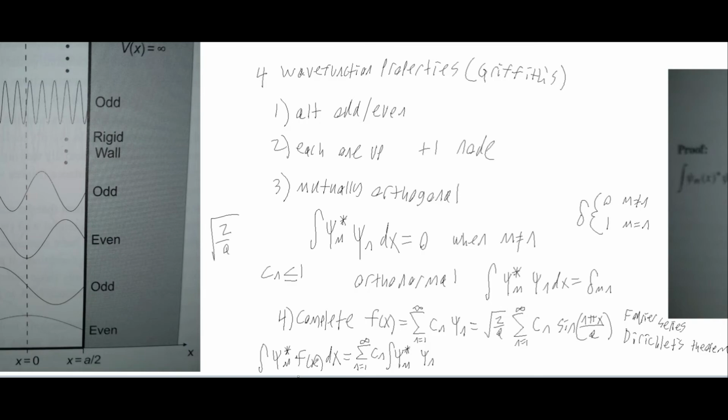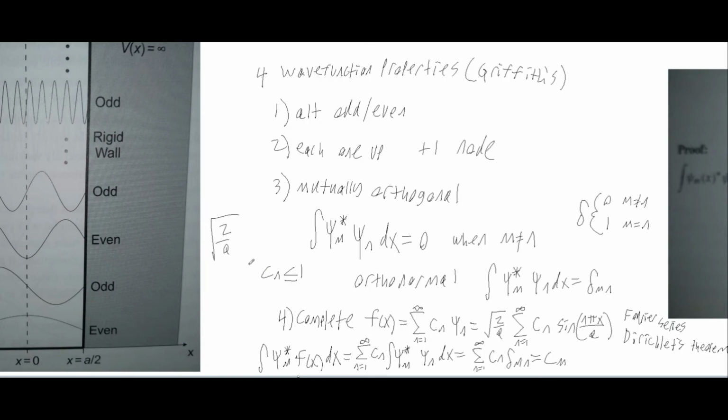That's what f of x is equal to, and that should have a dx there. From here, we can say that this is the summation from n equals 1 to infinity of Cn times the Kronecker delta mn, and that this is equal to Cm. And so this is the way that we can find out what these Cm or Cn are.